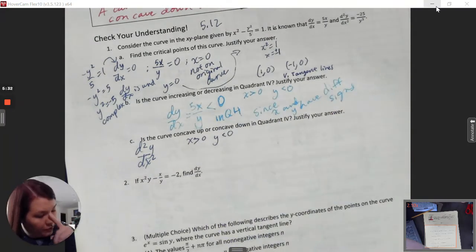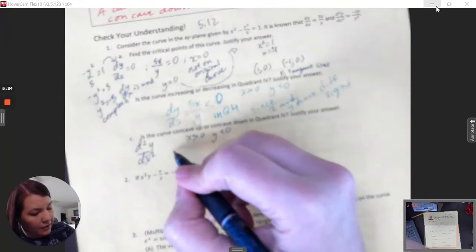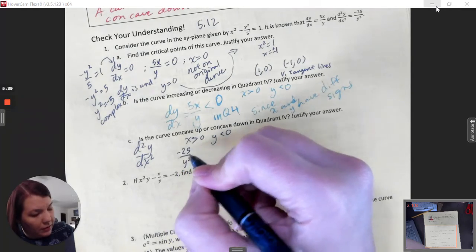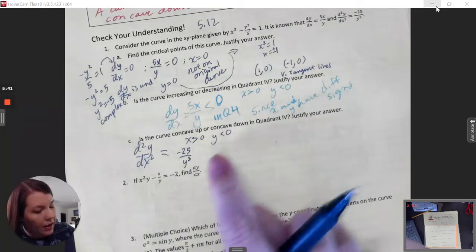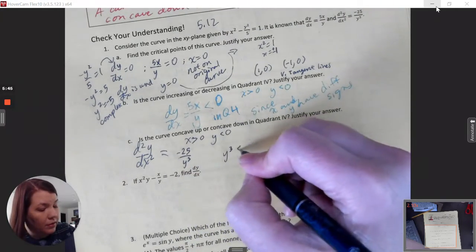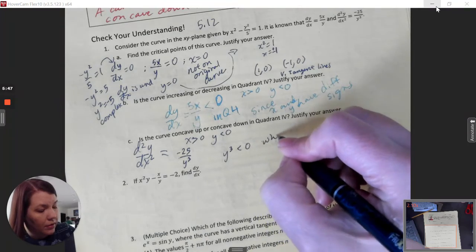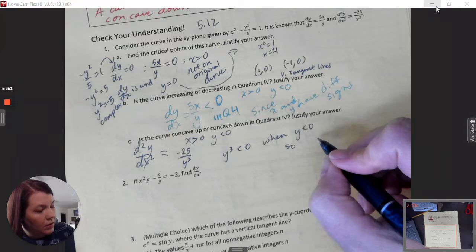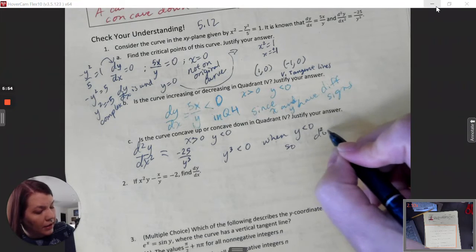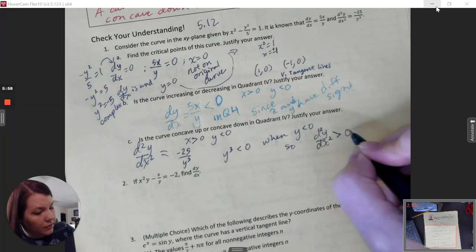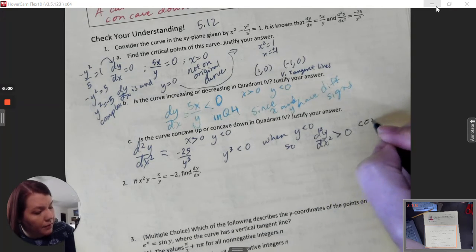And since y is negative, negative 25 over y cubed has a negative denominator. So that makes the second derivative positive. So it's concave up.